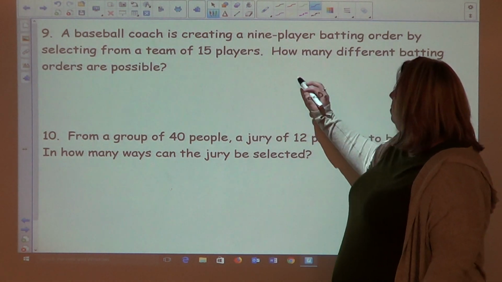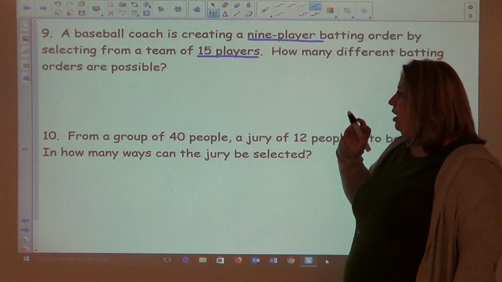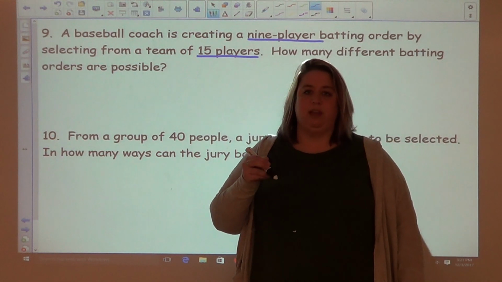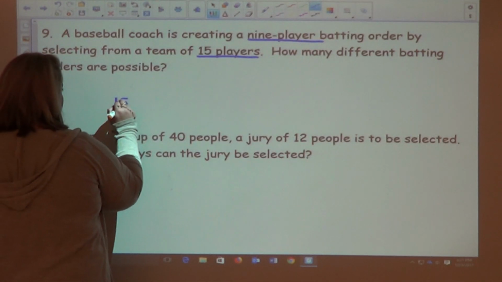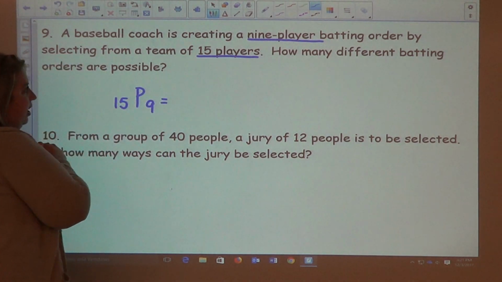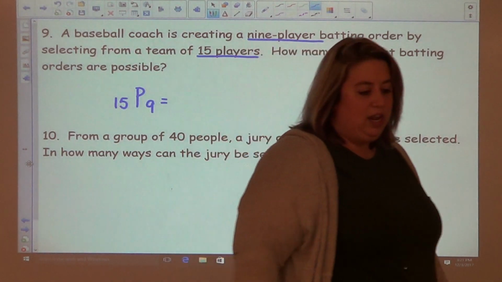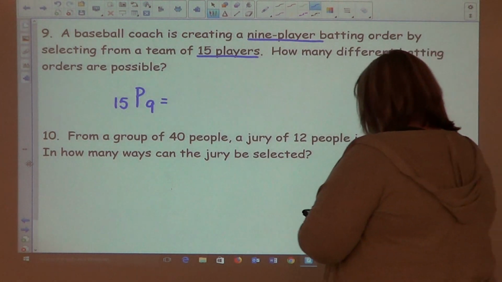There's 9 players, and there's a total of 15. How do I know which one comes first? The biggest number always comes first. So this would be 15 P 9, for a 9 batter lineup. I would do 15, then hit my nPr, then 9, and that's going to be a big number.